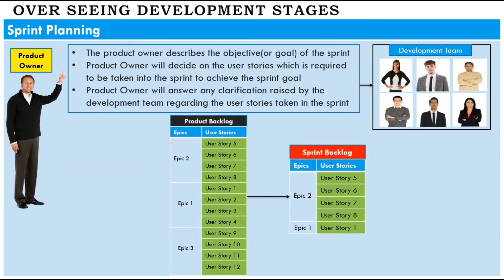He will answer any clarification raised by the development team regarding the user stories taken into the sprint. As you can see, 5 user stories have been taken into the sprint backlog from the product backlog. Now the sprint will start and the development team will start working on the 5 user stories.